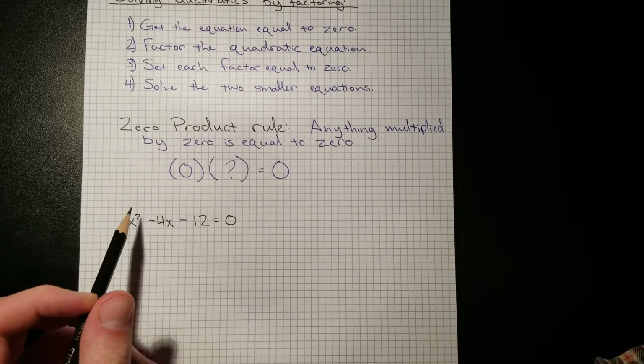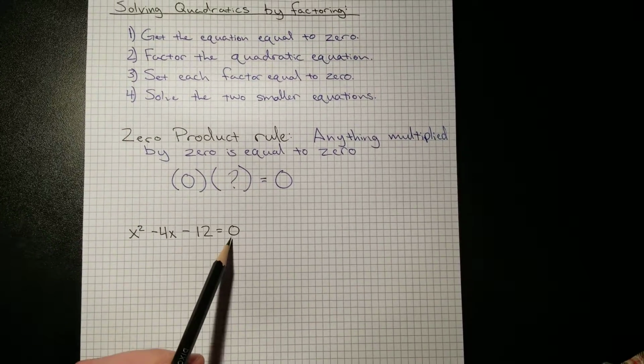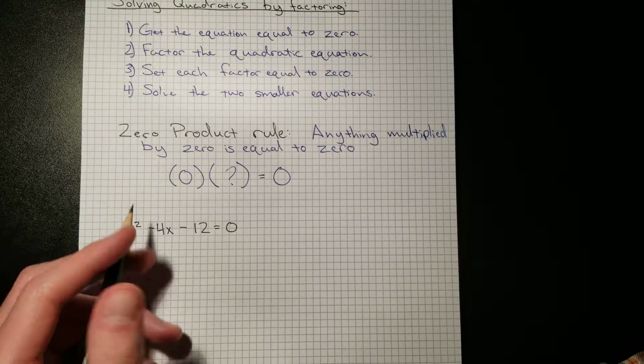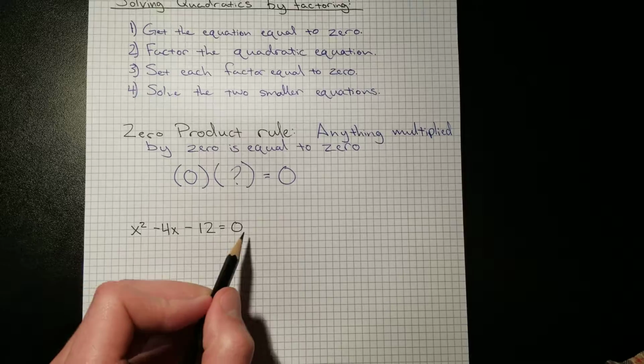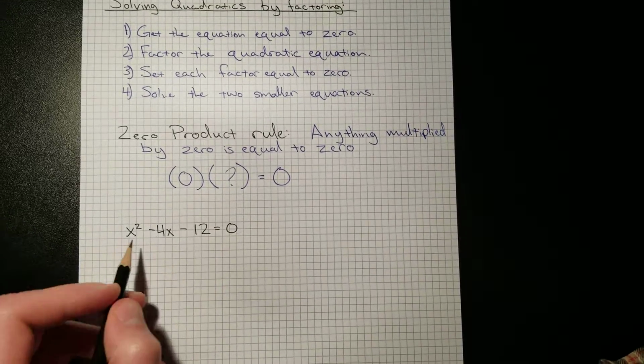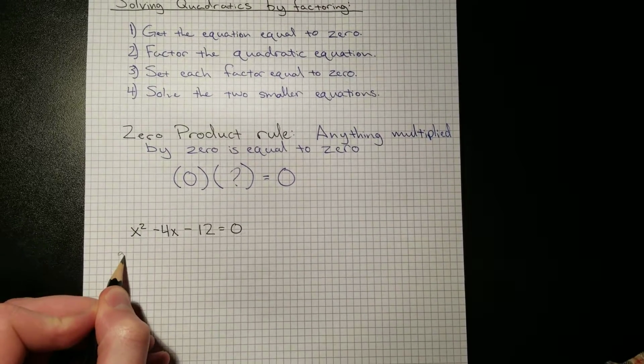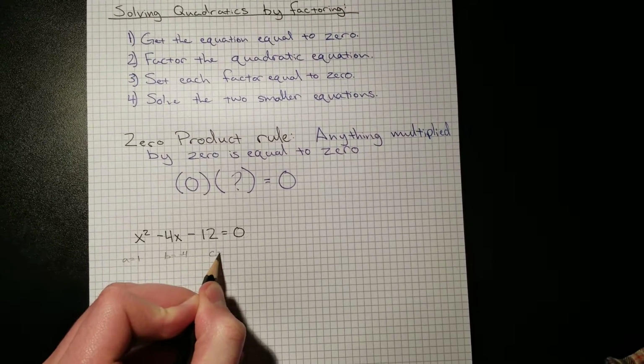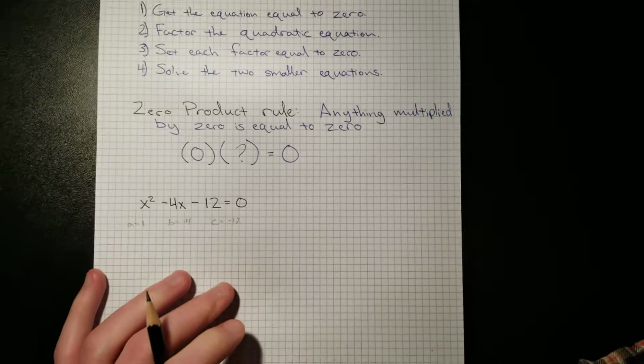So for this example, we get our equation equal to 0. It is already equal to 0. There's a 0 on that side. Step 2, factor the quadratic equation. So we're going to ignore this stuff over here for now. We're just going to take the a equals 1, b equals -4, c equals -12, and we're going to factor that.